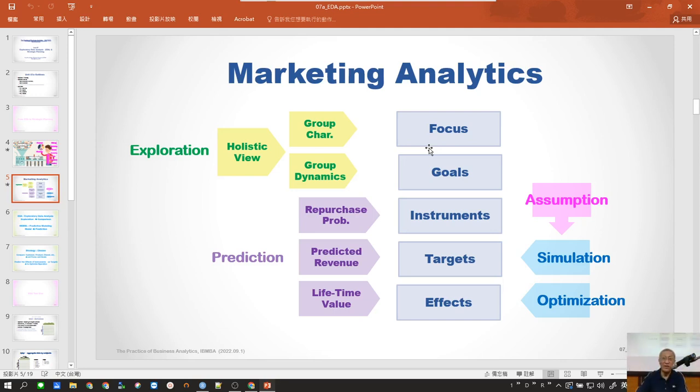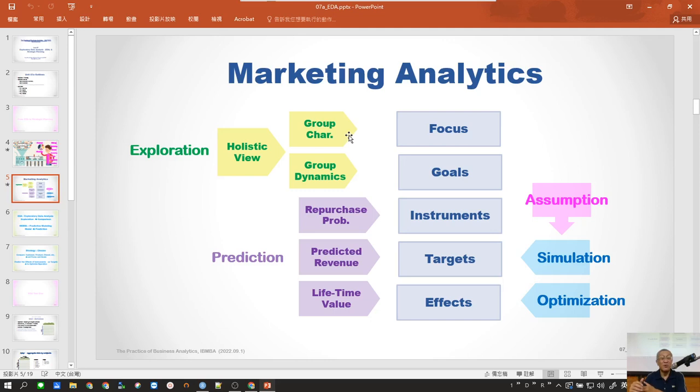So before you can choose your focus and set your goal, you need to explore the data, right? You need to have a holistic understanding of your business condition. And then you want to compare the group characteristics so you can set the focus.